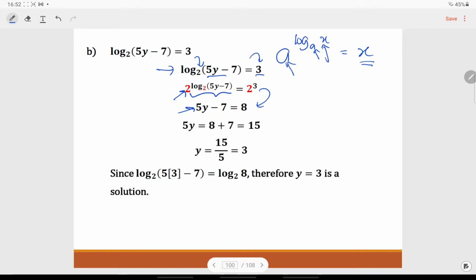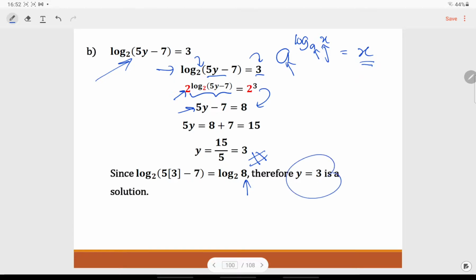So it's very easy for us to solve for y equal to 3. Remember, before you finalize your answer, we need to check by substituting y into the given equation. After we substitute y equal to 3, the outcome is log 8. 8 is a positive number, that means it is defined.